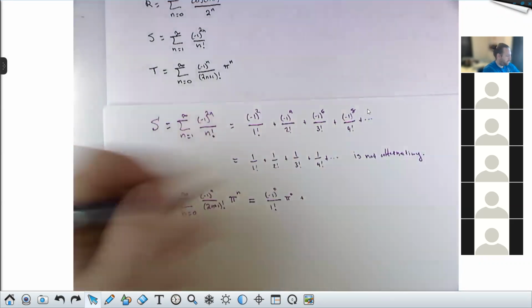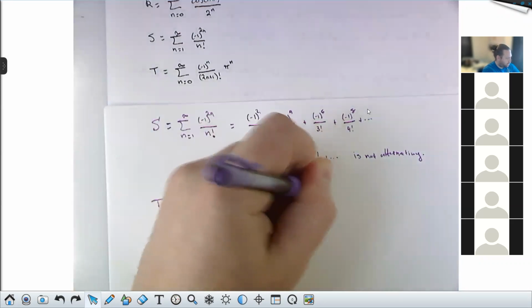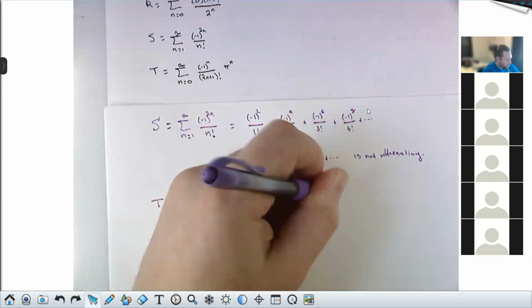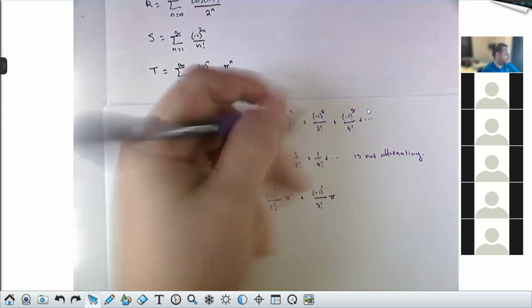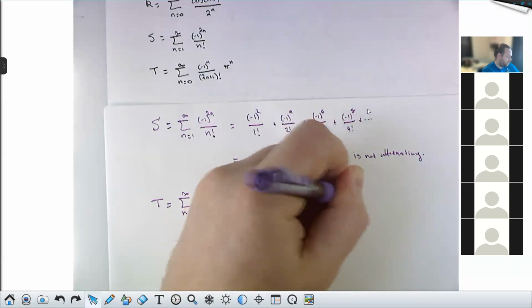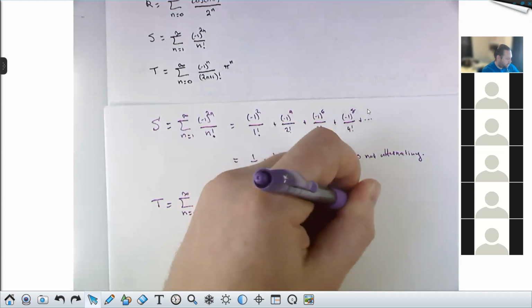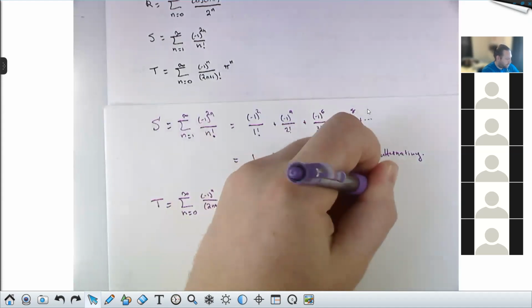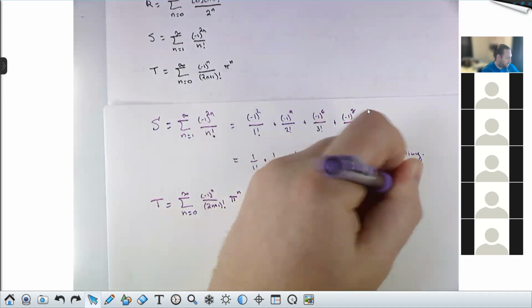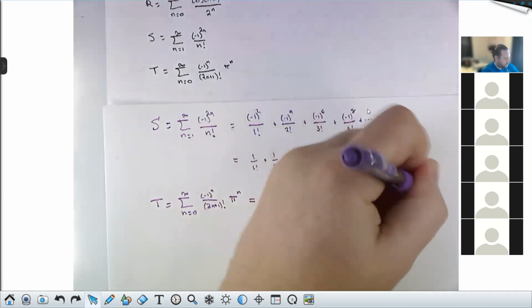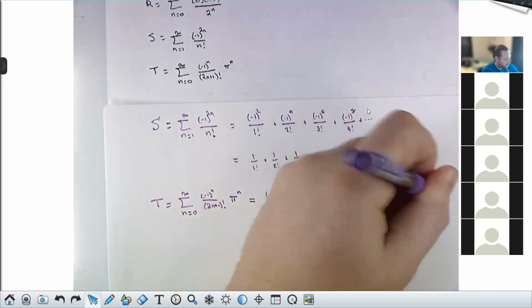My next term would be -1 to the 1 over 3 factorial times pi to the 1. And then -1 squared over 5 factorial times pi squared. And then -1 cubed over 7 factorial times pi cubed, and so on.